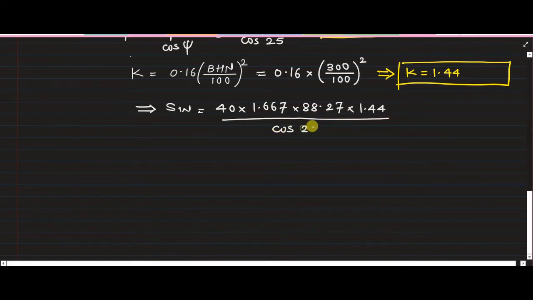When you substitute all of these values in your calculator, you get the value of SW as 10,318.58.